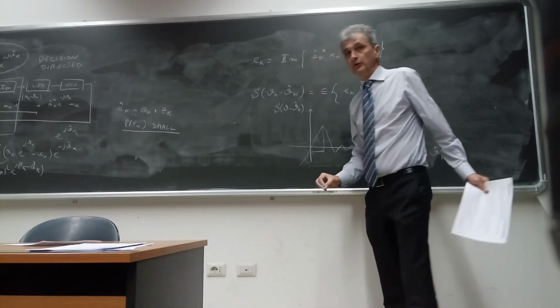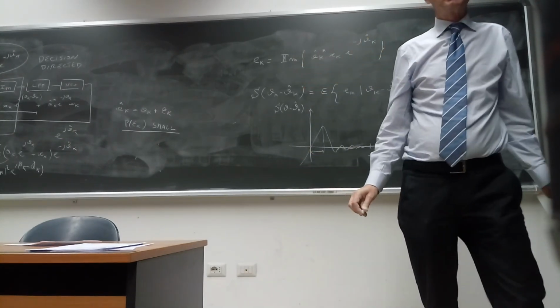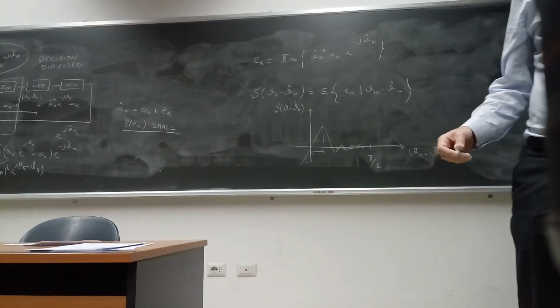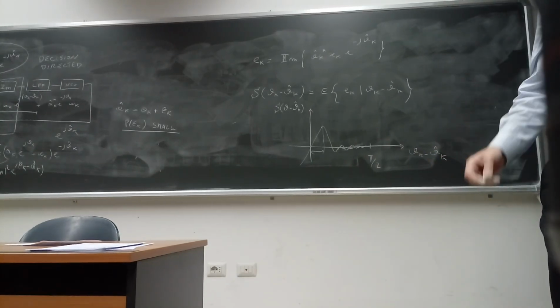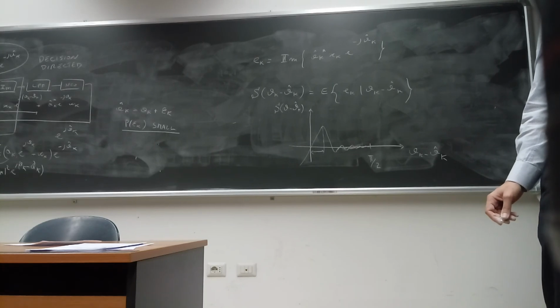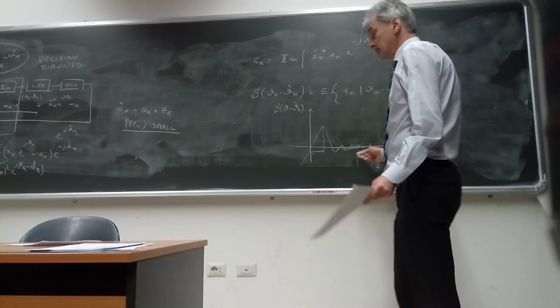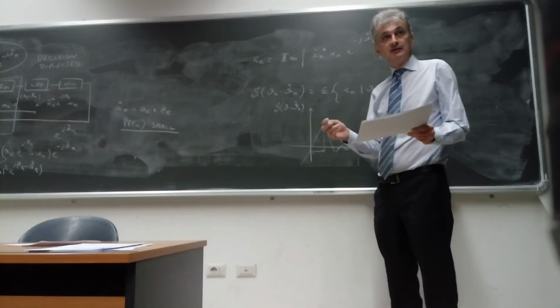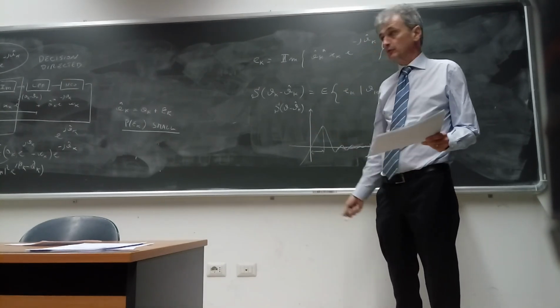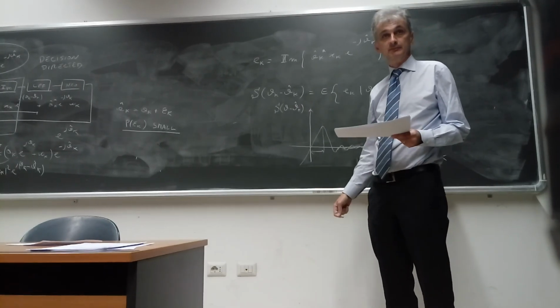This range here will depend on the constellation size. 4 QAM, 16 QAM, 1024 QAM, with a constellation with a lot of points, it is enough a small phase error to make decisions unreliable.